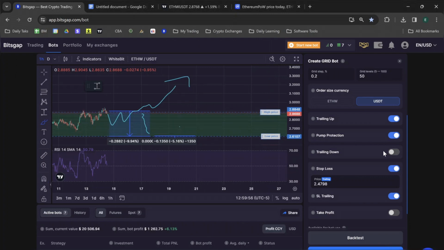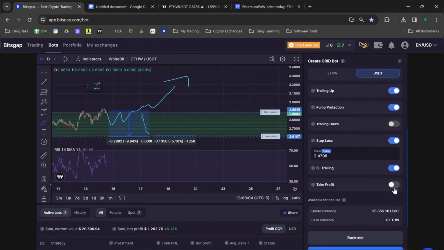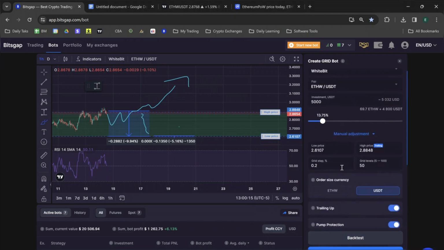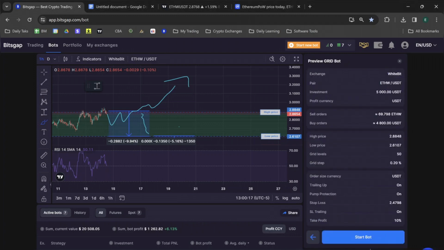Stop loss, very self-explanatory. The bot is going to shut down if the cryptocurrency hits that price. Take profit: the bot is going to shut down if the total PNL reaches that percentage, which in this example, I'm going to be looking at a 10% profit. So everything looks good. I can go ahead and click on continue and finally start the bot.